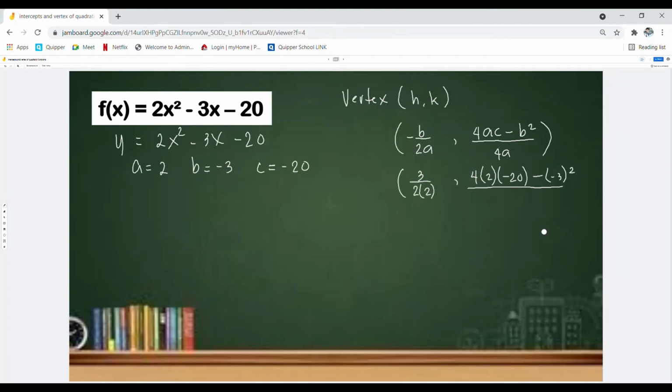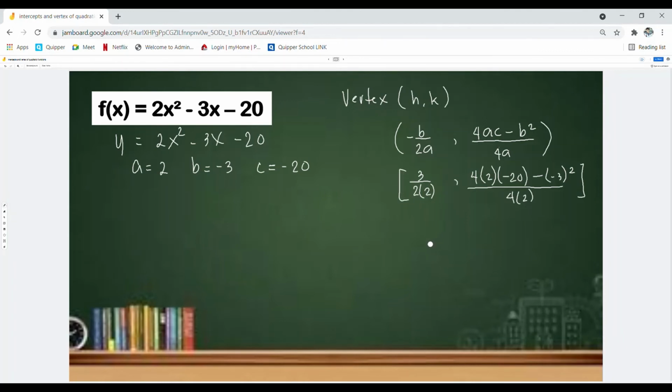That's for the b squared since our b is negative 3. Then over 4 times a in the denominator, that means 4 times 2. I think I need a bracket here, not a parenthesis. Let me erase it. You can use this sign.